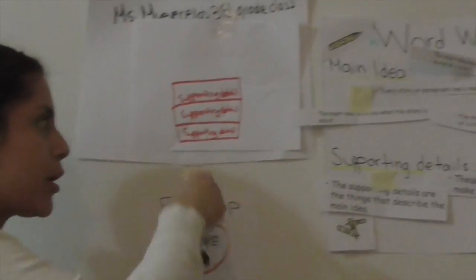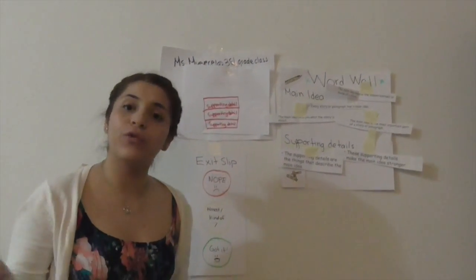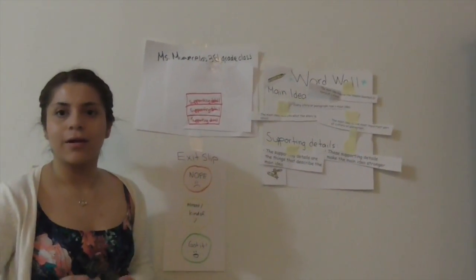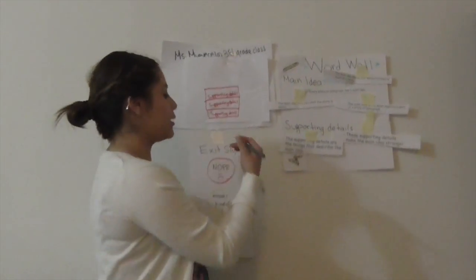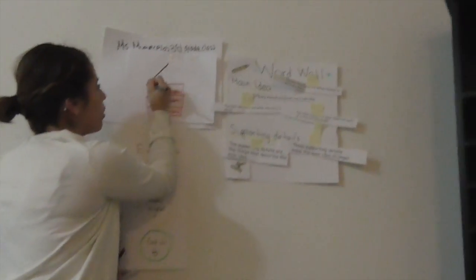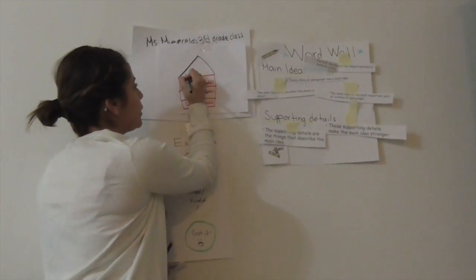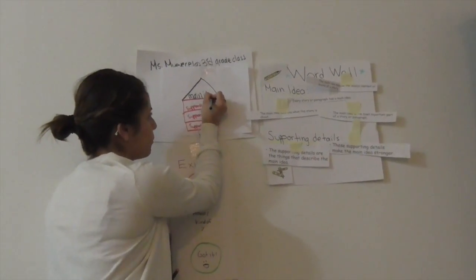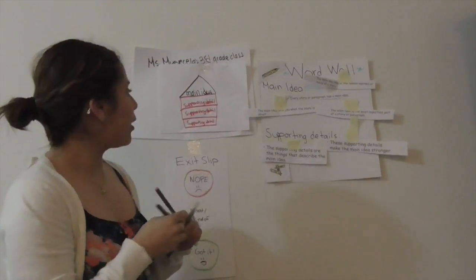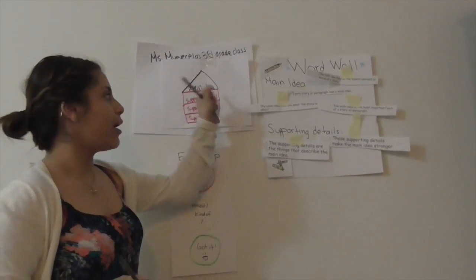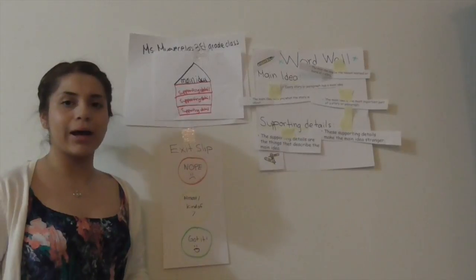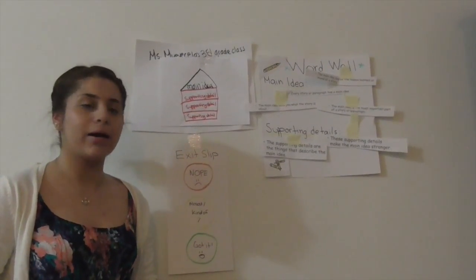So if I have 3 supporting details as the bricks of my house, what's going to be the roof of the house? Angel? Is it going to be the main idea, Miss? Right, so it's going to be the main idea. So we're going to write the roof of the house as the main idea. Because without the supporting details, you cannot have a main idea. You always have to be sure that you have evidence to back up your idea, your main idea.